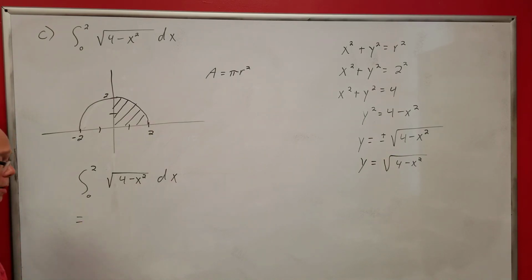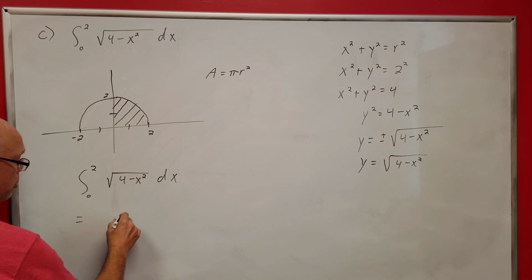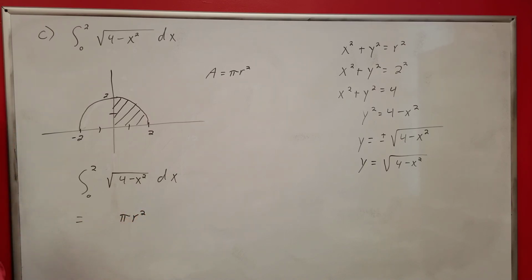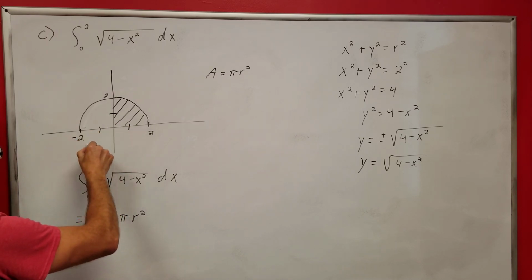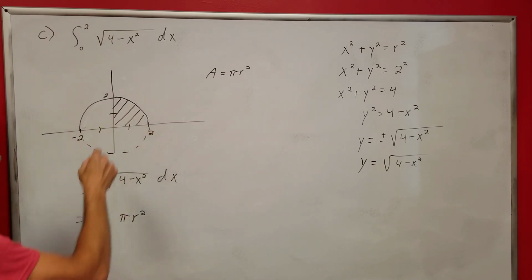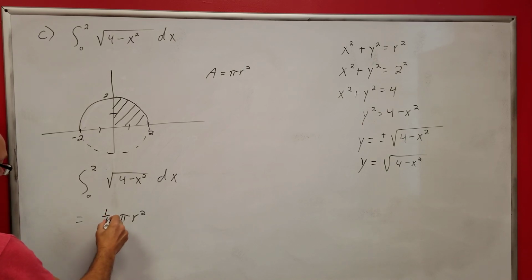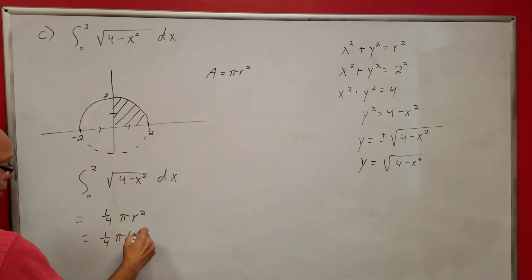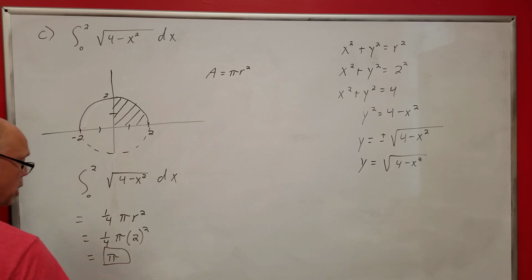Well, in this case, my area will be pi r squared, but I'm only looking at how much of a circle if I complete the whole circle. What's shaded in? Only what? 1/4 of a circle, right? So my area is going to be 1/4 pi r squared. So if I fill in 1/4 pi, what is r in this case? What's my radius? 2 squared. So what does that give me? Pi. My area under my curve there is pi.